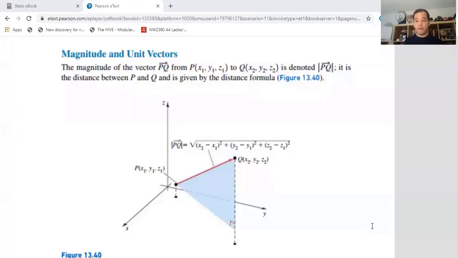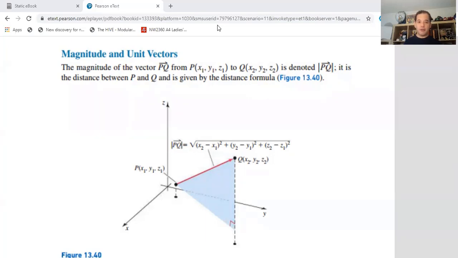We had a definition first, so we want to find out about the magnitude of a vector in three-dimensional space. And as you can see here, in the picture right there, we have a vector. Let me draw on top of it so that you can appreciate it.